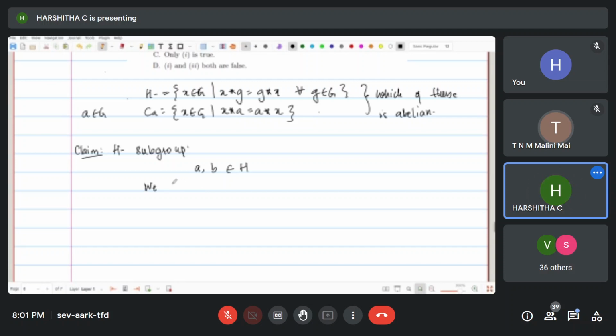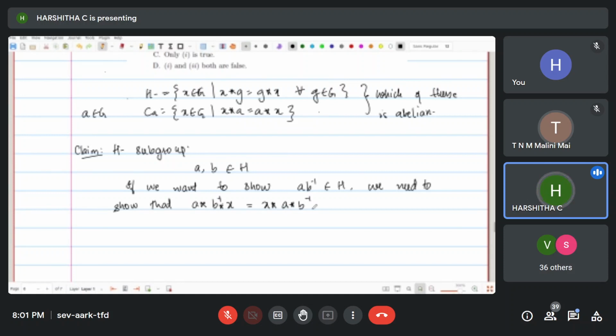So, if we want to show AB inverse belongs to H, we need to show that AB inverse star X equals X star AB inverse for every X in G.